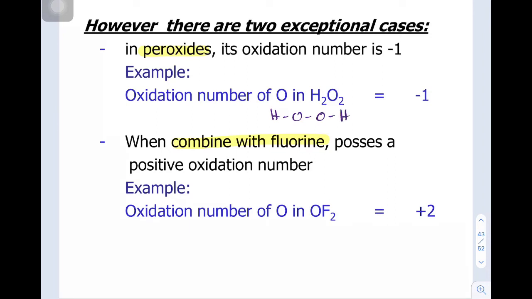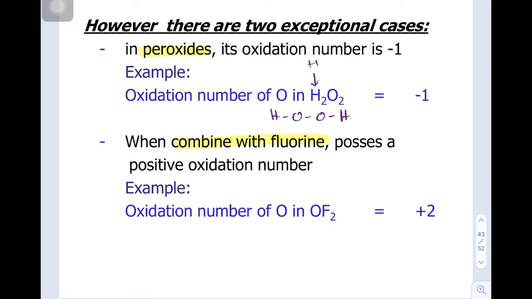So this time the oxidation number of this oxygen becomes -1. Why does the oxidation number of oxygen become -1 in hydrogen peroxide or in peroxide compounds? Because the oxidation number of the hydrogen, from the previous rule, is +1. So from the calculation, we get the oxidation number of oxygen in the peroxide as -1.